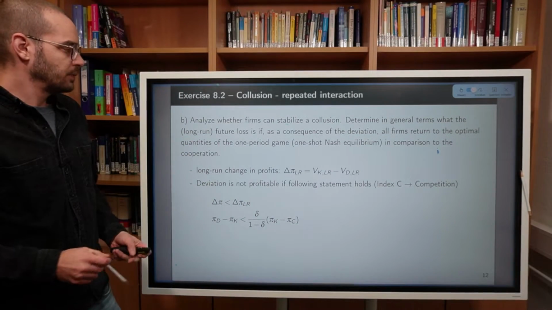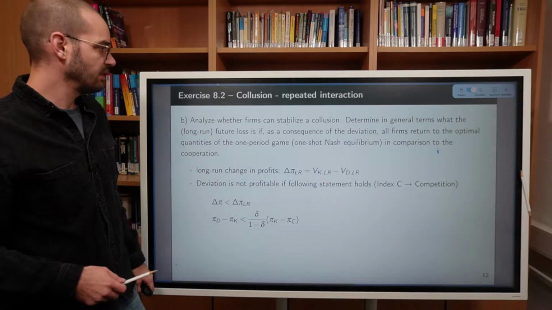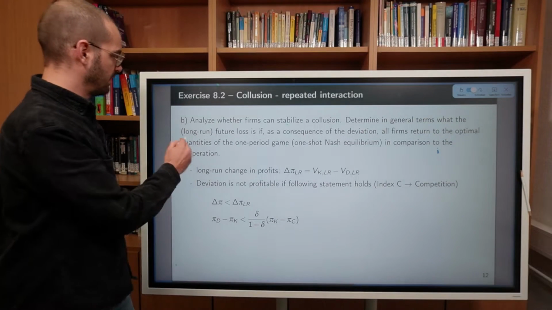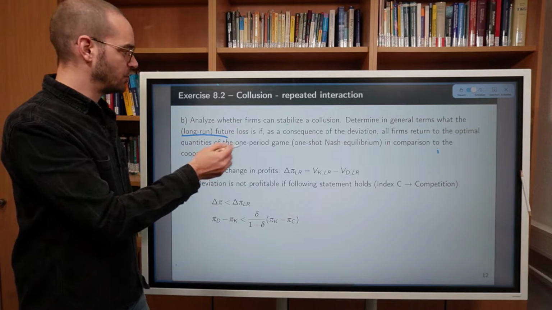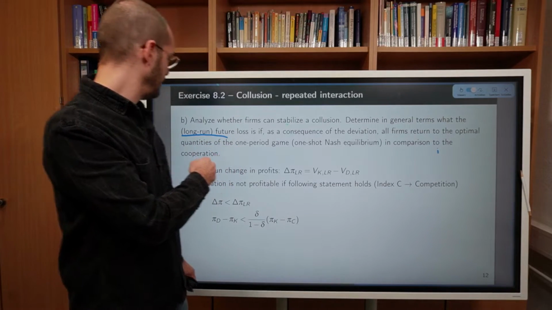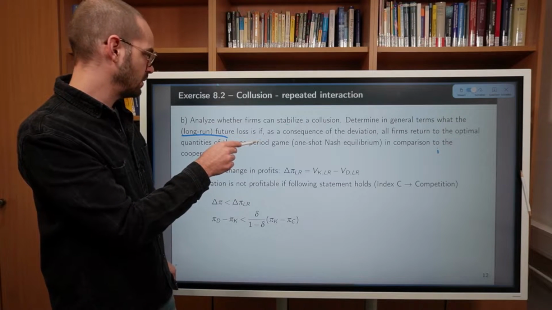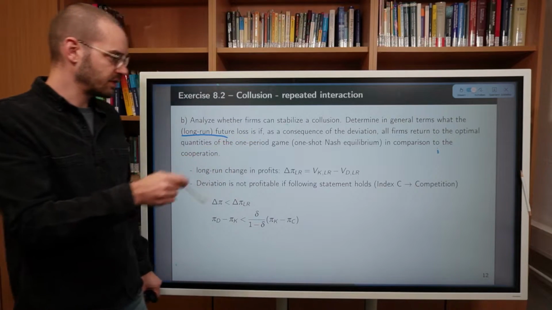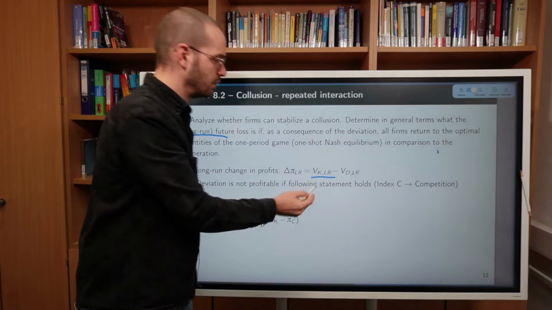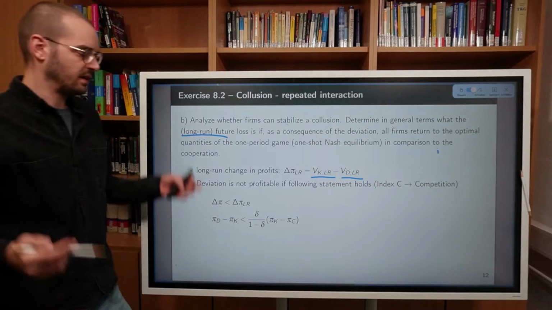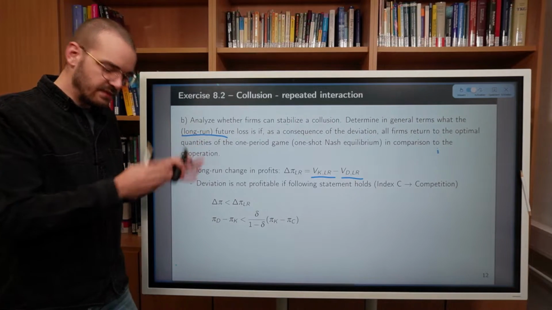All right, so we talked about the long run future loss, and we also talked about the present value under collusion and the present value under deviation.